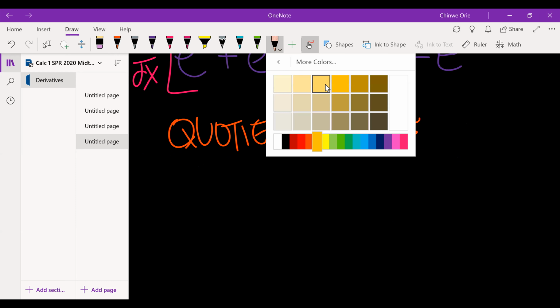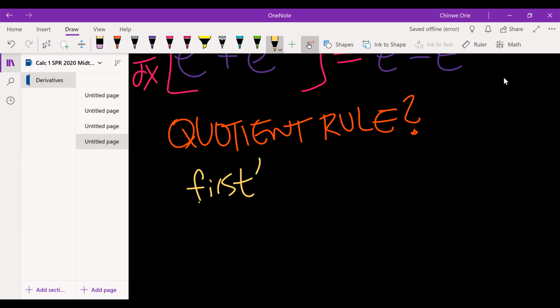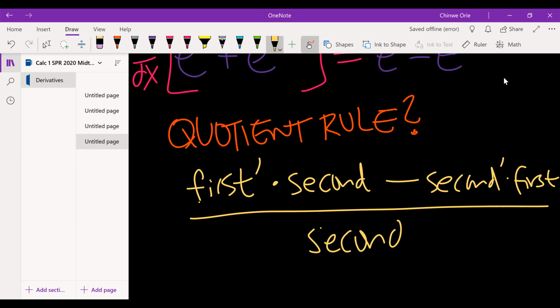The quotient rule is going to be the derivative of the first function. So it's like the product rule, okay? So I'm going to do the first derivative times the second function. Okay, this is all in terms of functions. Minus the second prime times the first function divided by the second function squared.